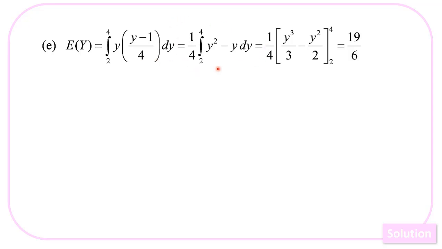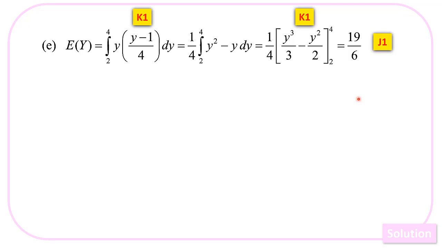Inside the integral we have y squared minus y. So integrate and substitute the value, we get expectation of y equal to 19/6. So K1 for the formula, and then K1 for integration and substituting the value, J1 for the answer.